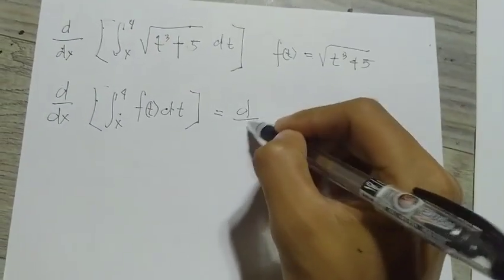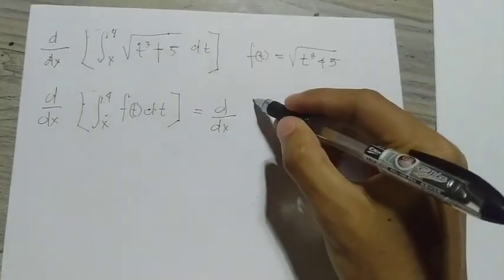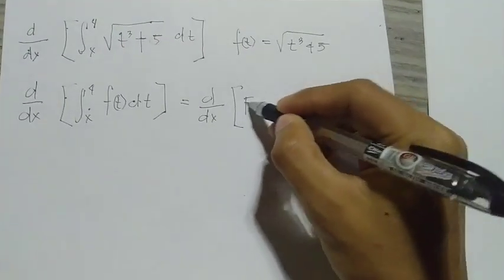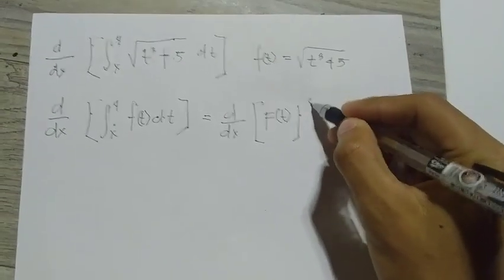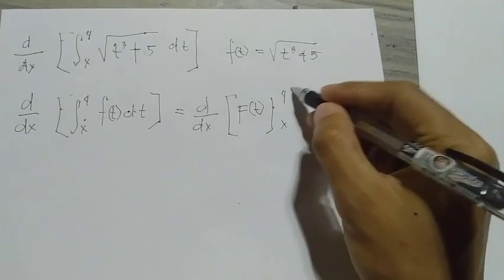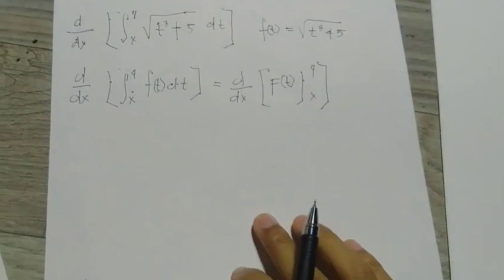is equal to d over dx of F(t) evaluated from x to 4.